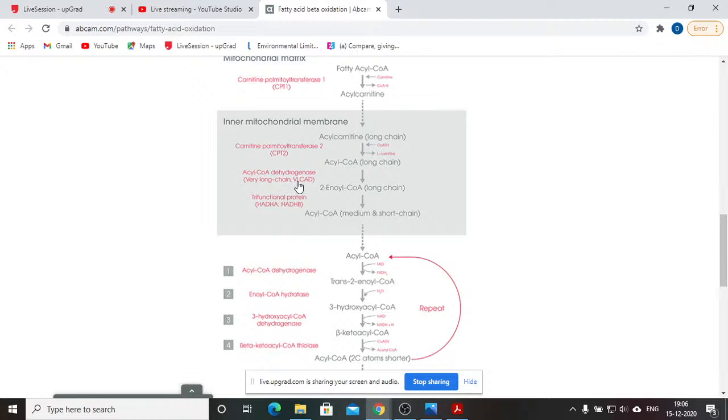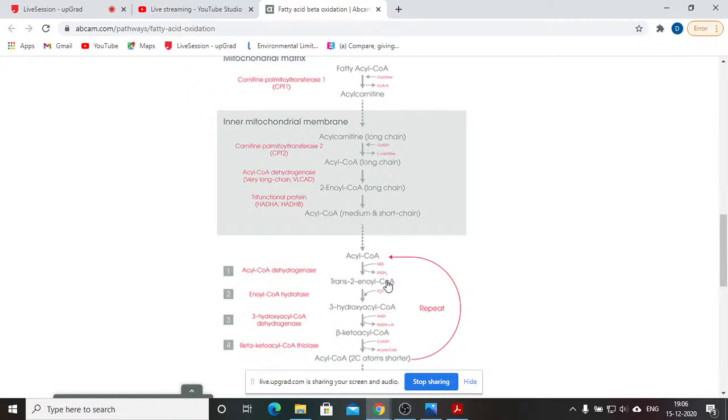Then with the help of these enzymes, in the first step, acyl CoA, with the help of acyl CoA dehydrogenase, gets converted to trans-enoyl CoA, and FAD is converted to FADH2.